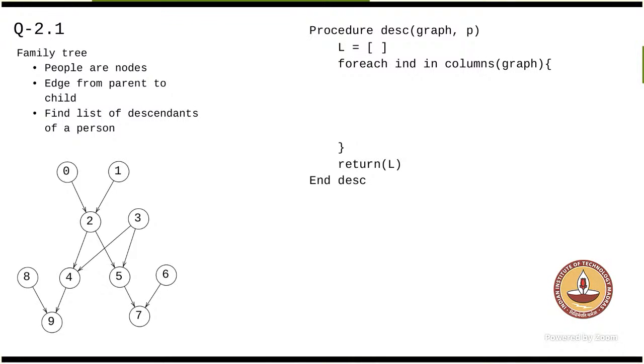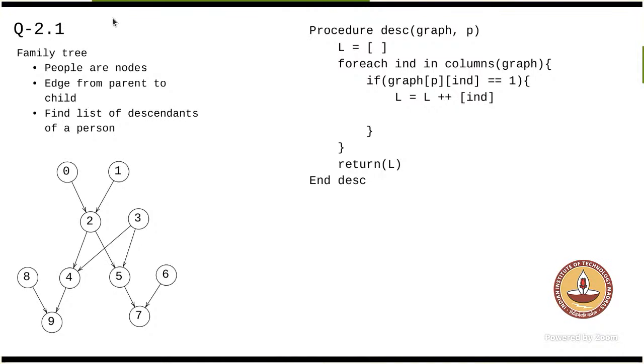If ind is P's child, then we call descendants of graph for that particular index.